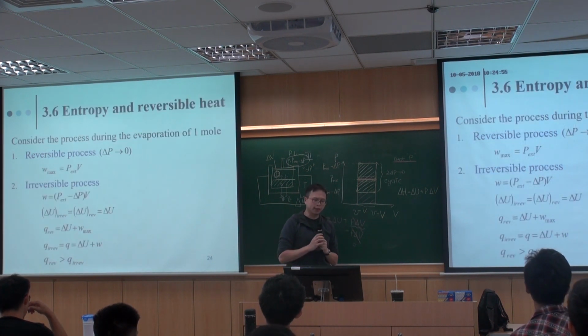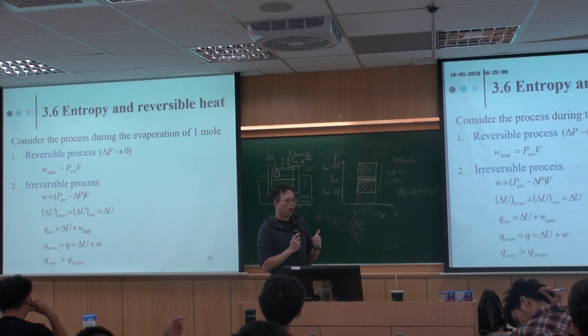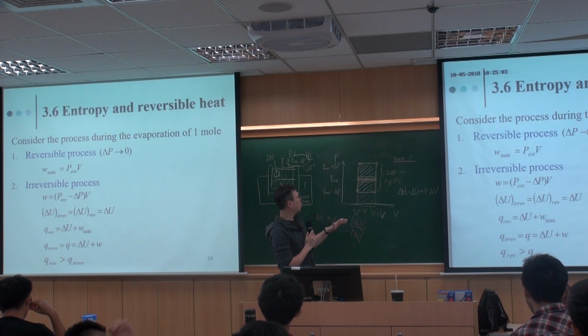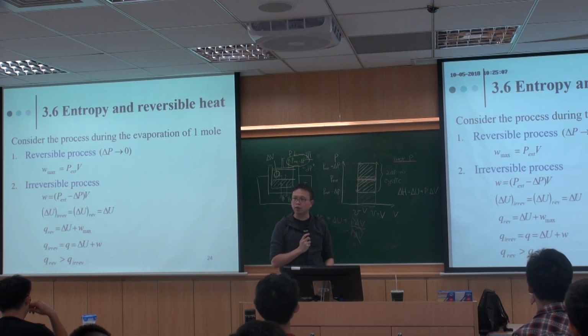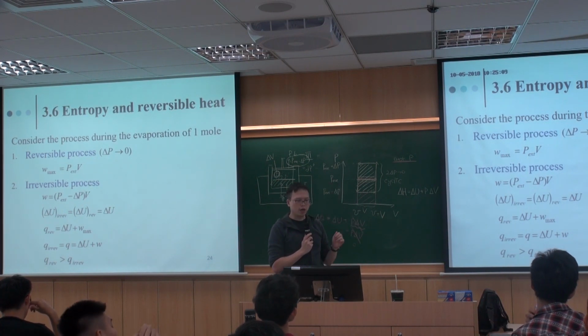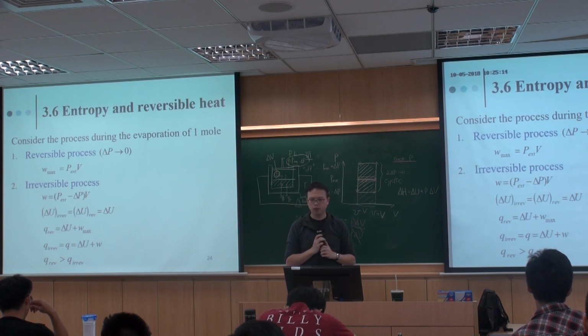So 3.6 is important, and it talks about how we connect the work that we saw over here to the entropy. If you consider a reversible process, now we only consider the expansion part.